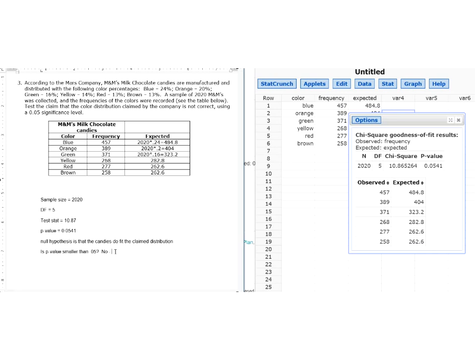So that means we have negative conclusions. So that means that we do not reject the null hypothesis, which in a roundabout way means that we're accepting the null hypothesis. So we're saying that the candies actually do fit the claimed distribution.